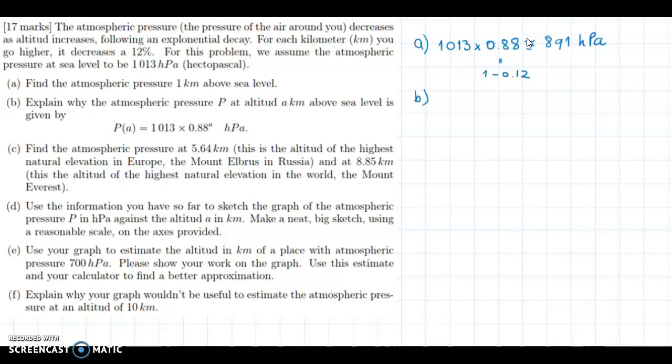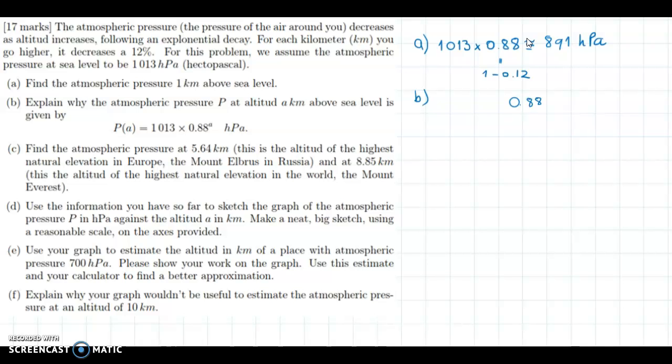For part B, we want to explain why the function that is given here gives us the pressure 8 kilometers above sea level. So the first thing that we have to look at is that for each kilometer that we go up, the pressure is going to decrease by 12%. So we are going to have to multiply by the multiplier we found before, 0.88.